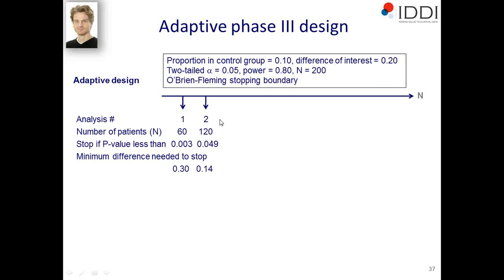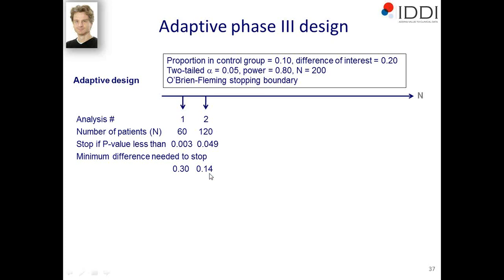Then you could do two analyses after 60 and 120 patients. If you have a treatment which really works, you could stop if the p-value is less than 0.003 at the first interim, or about 5% at the second interim, which boils down to stopping when the minimum difference is 30% at the first interim or 14% at the second interim.